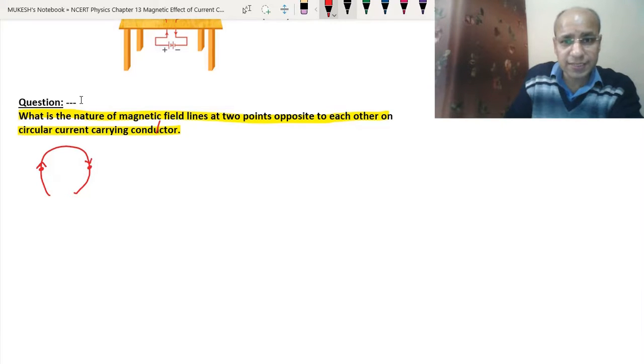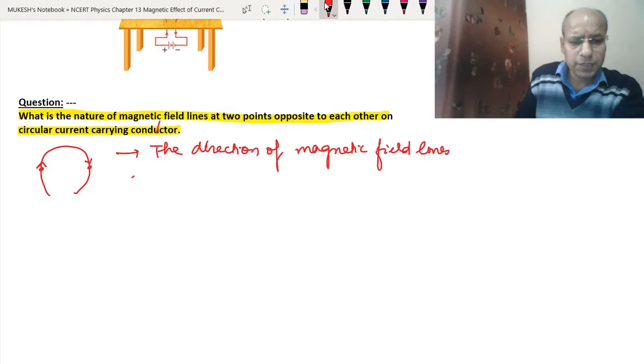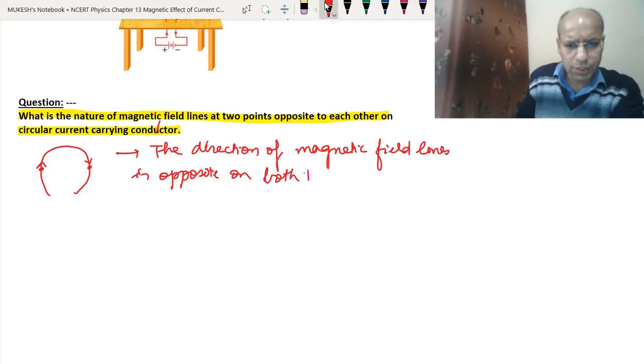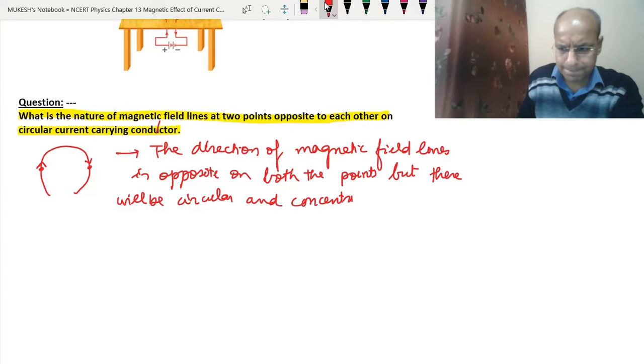So now let's write the answer. The direction of magnetic field lines is opposite at both points, but there will be circular and concentric field lines at both points.